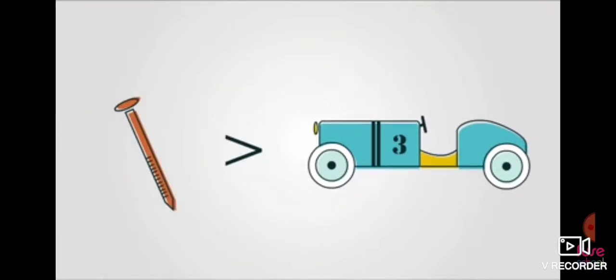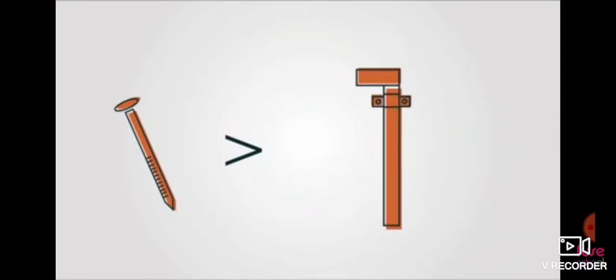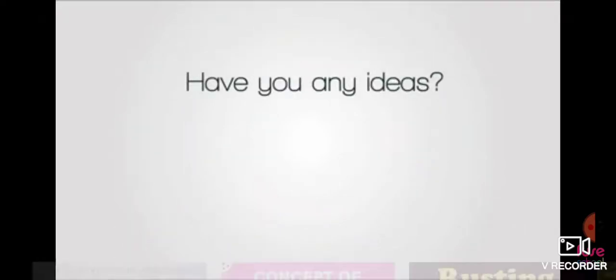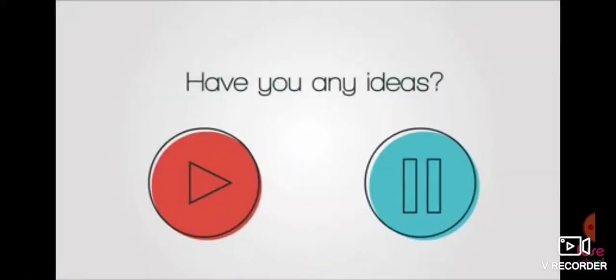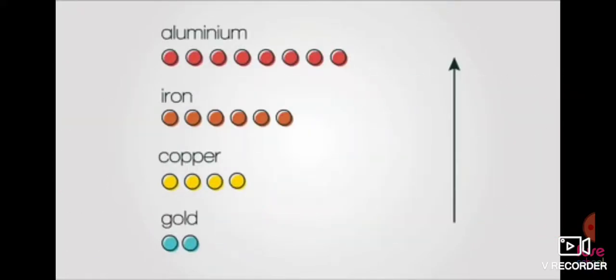But why would the nail be more corroded than the aluminium toy, the copper pipe, or the gold ring? Have you any ideas? Pause the video and continue when ready. The reason is the metals all have different reactivities. Iron corrodes faster because it is more reactive than the copper and the gold.